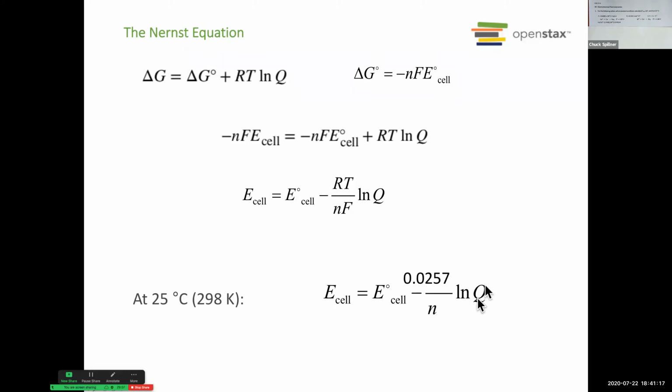But that's not what we're doing here. If they were both 1 molar, log Q becomes 0, and E cell becomes E naught cell, so the cell potential would equal the standard cell potential. But we're talking about conditions other than 1 molar, and in our example problems, you'll see that.